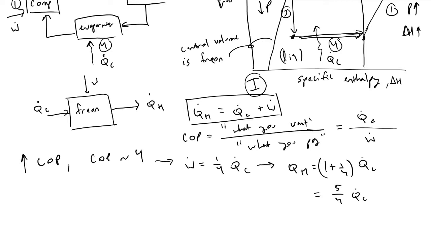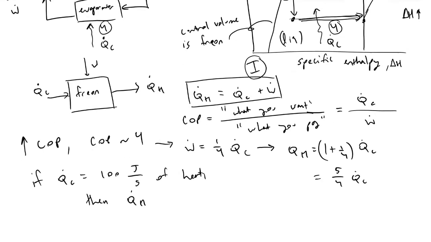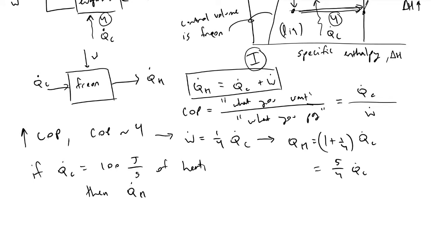So if we wanted to remove 100 joules per second of heat, then we're going to need a condenser that can handle approximately 120 joules per second of heat rejected, and typically joules per second is equivalent to watts of power.